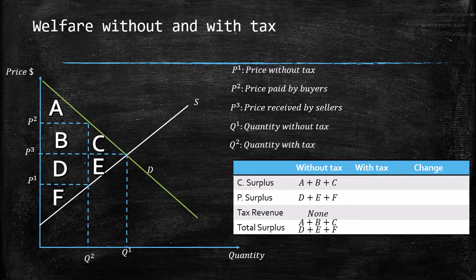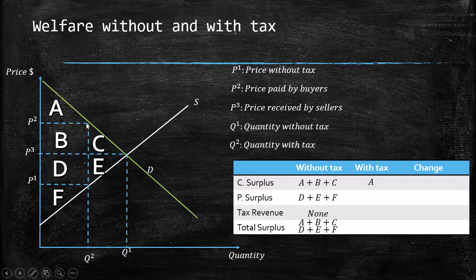So now we're going to figure out what happens with a tax. With a tax, remember that consumers don't pay P3 anymore. Because of the tax they have to pay a higher price, which is P2. In this part of the curve, these consumers are willing to pay even more for consuming this good, but because of the market, or because of the government, they don't have to pay that price.